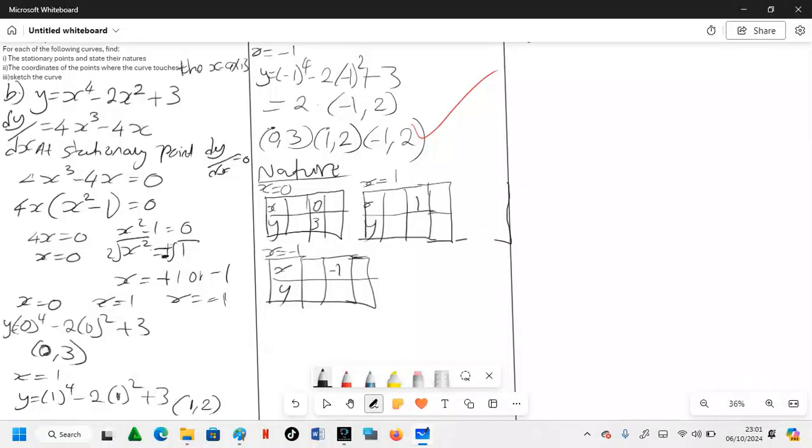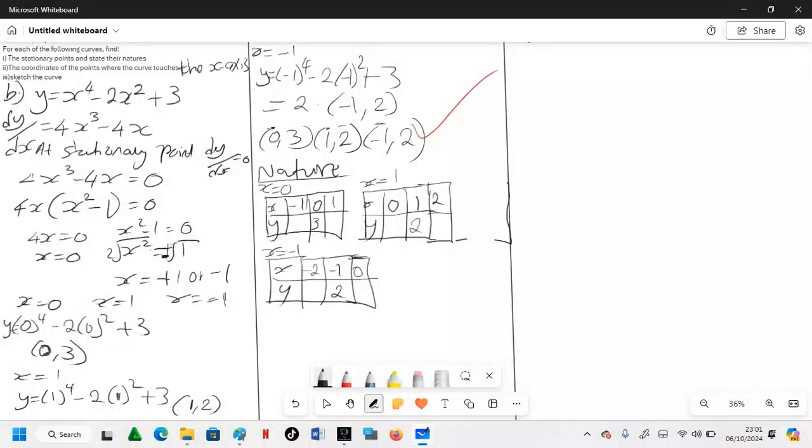When x is 1, of course y is 2. And when x is negative 1, y is 2. So we're just going to consider the neighborhood. On the left hand side of 0 we have negative 1 and 1 on the right hand side. Then here we have 0 and 2. And then here we have negative 2 and 0.